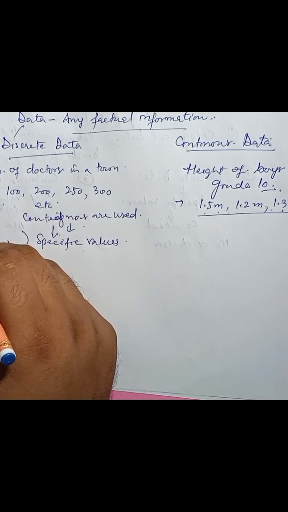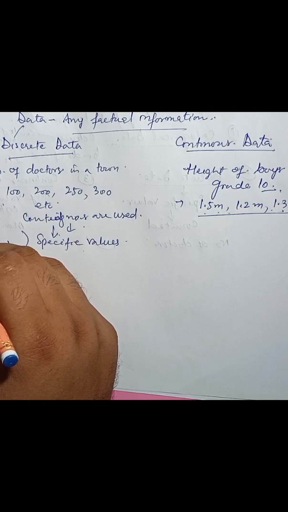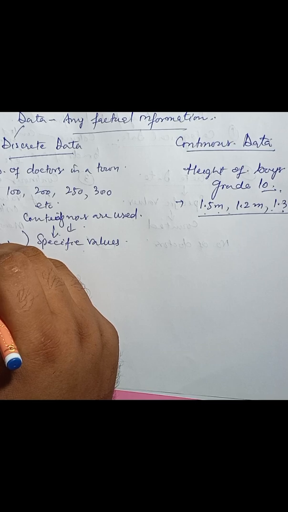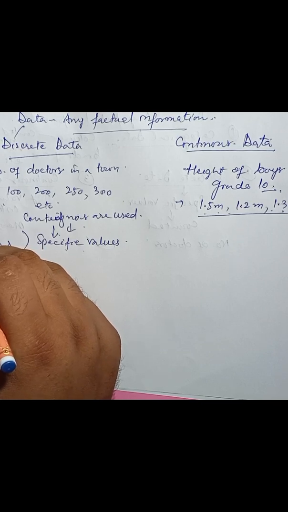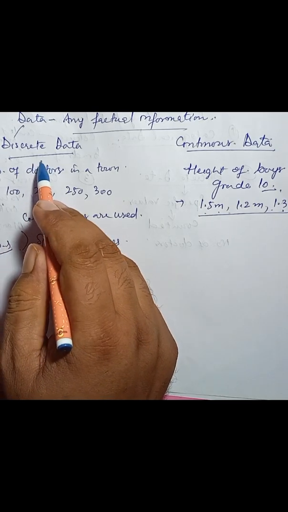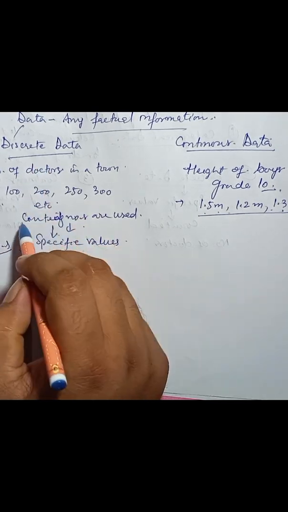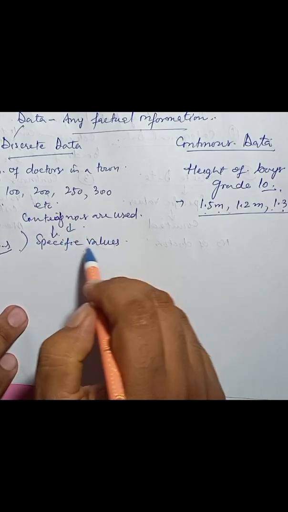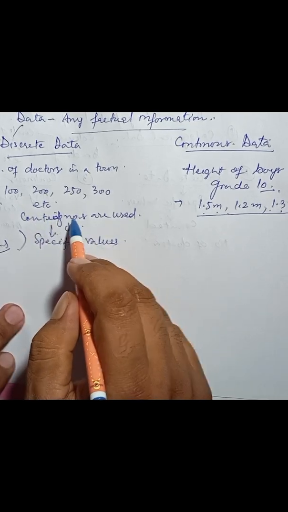The numbers between 0 and 1, or between 1 and 2, the fractional or decimal numbers, are not whole numbers. In discrete data, we will not have decimal or fractional numbers. There are only specific values that can be counted.